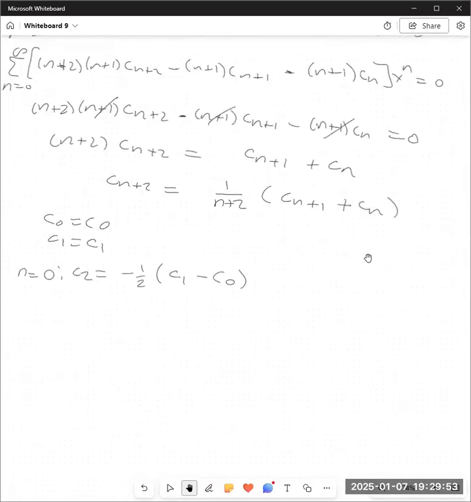Now we have positive 1/2, and then c1 plus c0. That works for me.